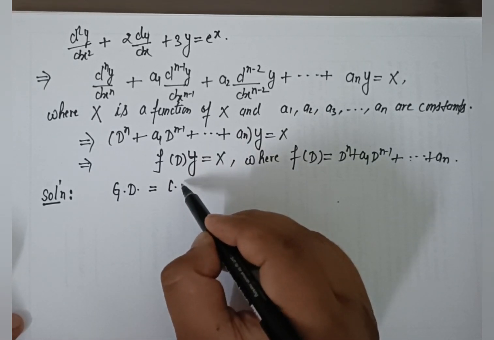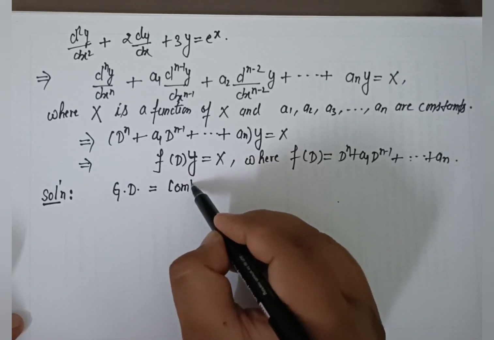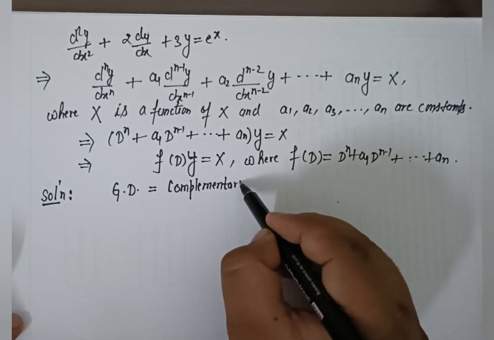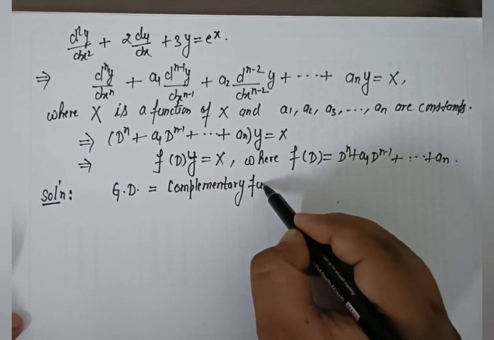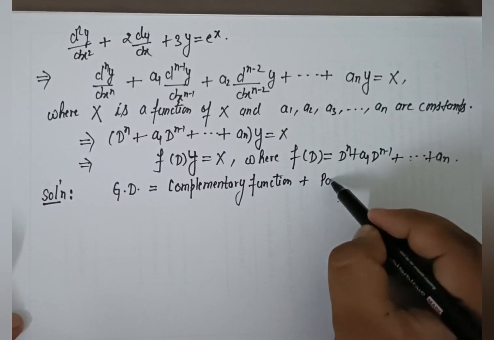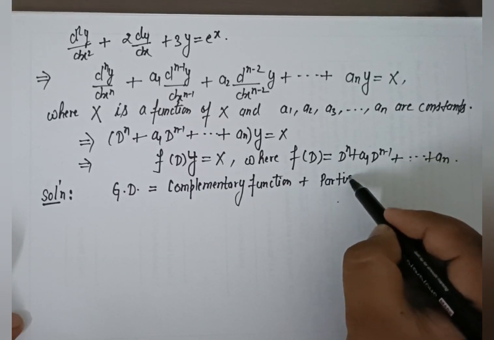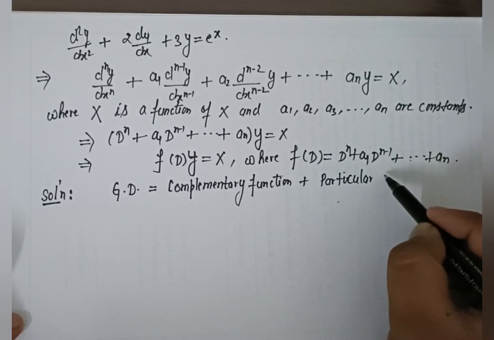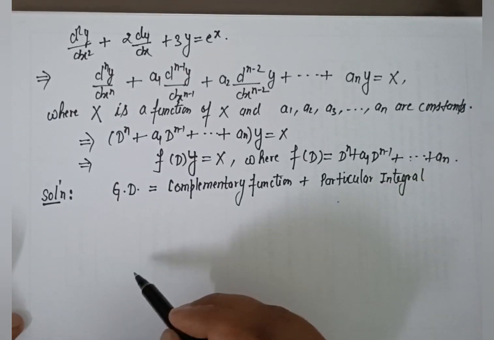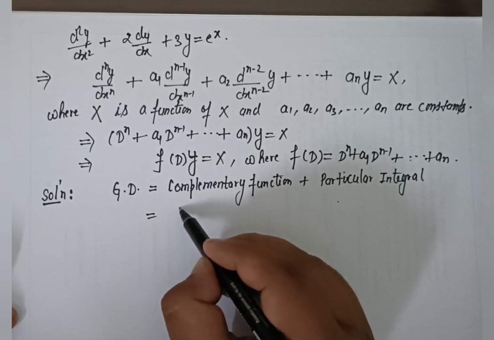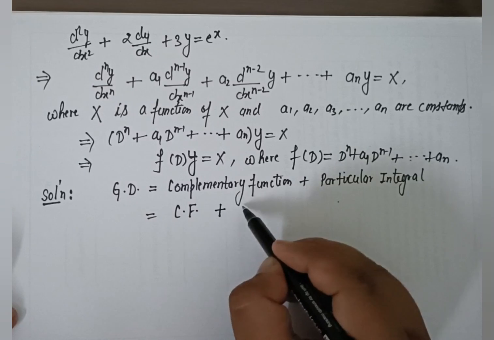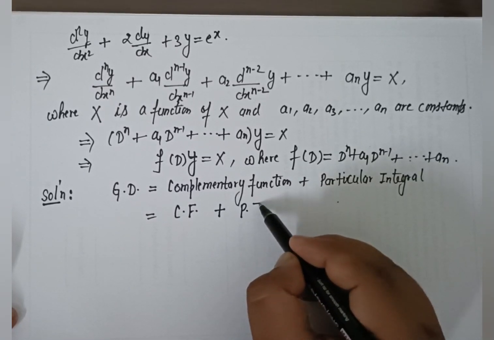In the first part we will find the complementary function, and in the second part we will find the particular integral. You can write it in abbreviated form: complementary function means CF, particular integral means P.I.